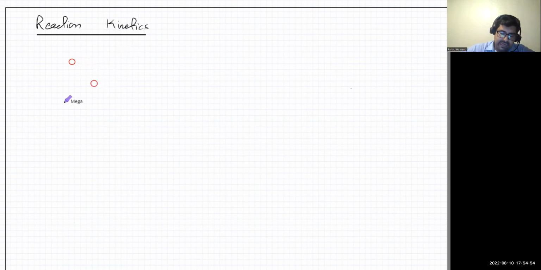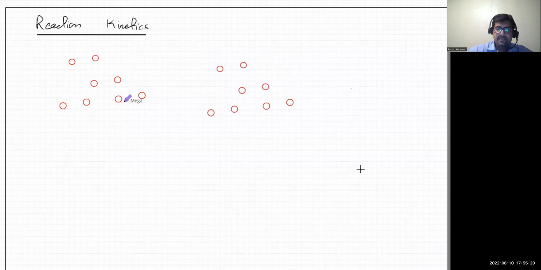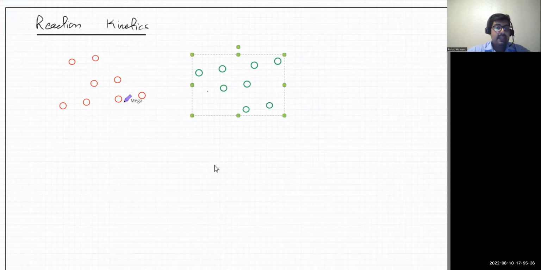So you've got particles A colliding with particles B. You've got a bunch of particles, atoms or molecules or ions, and these particles will collide with another bunch of particles, let's call them particles B. So A is going to react with B, and when they react, they're going to collide and bump into each other, and that would result in a particular reaction.